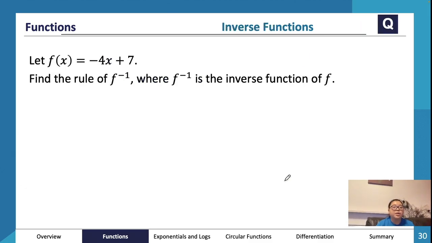Okay. So let's chat about how we actually write out the inverse function. Here, f of x equals negative 4x plus 7, and they want us to find the inverse rule. Note they said rule rather than inverse function, because if they want the inverse function, we need to include the domain as well.